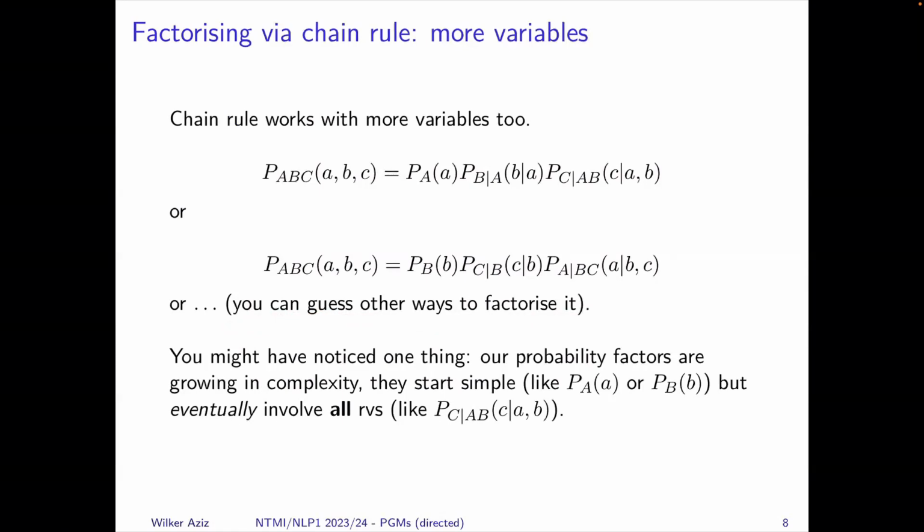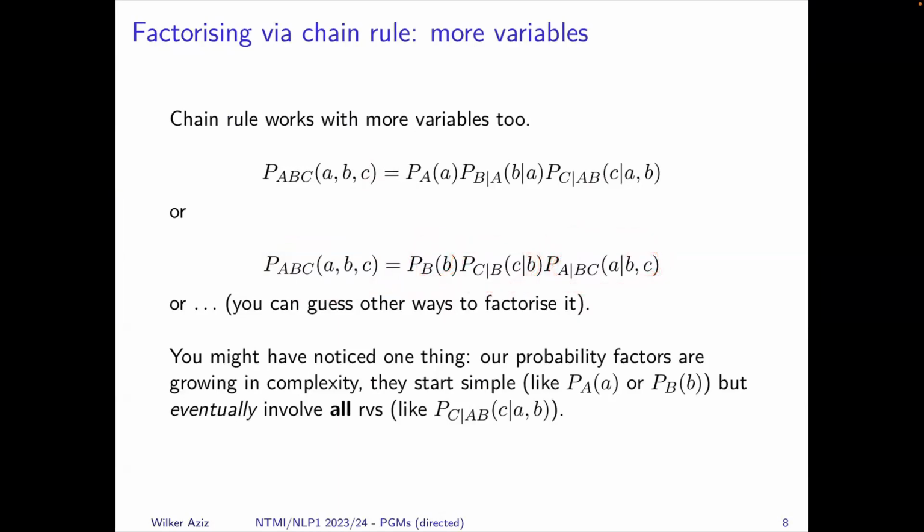Now, you might have noticed one thing. When you apply the chain rule, our probability factors are growing in complexity. On the left here, you have a factor that ties together three variables. It's a probability that depends on the assignments of three variables jointly. You start with one variable, eventually you have two, and at one point you have all three.